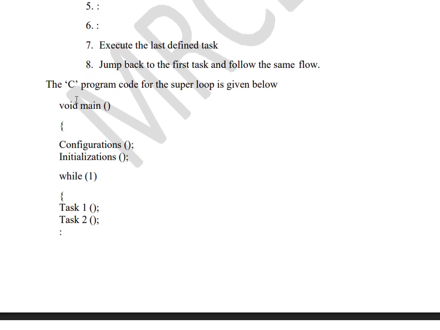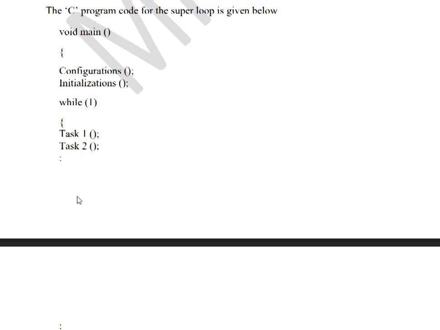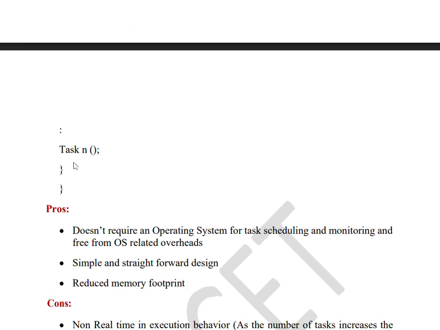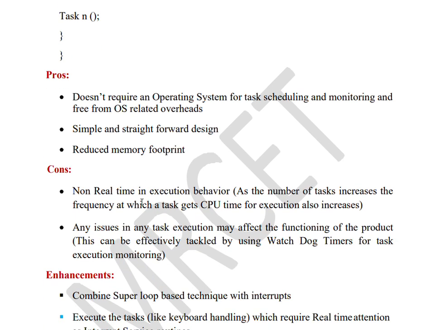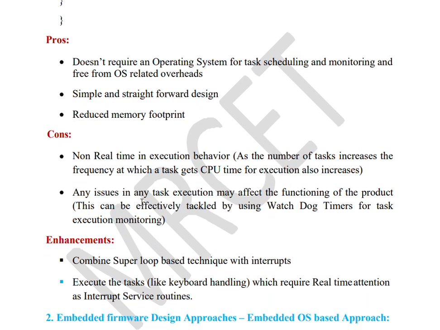This is the C program code for the super loop: a void main function, and inside that we have configurations and initialization. Here you can see while true, all the tasks will be executed till task n. The pros and cons would be: it does not require an operating system for task scheduling and monitoring, it is a simple and straightforward design, and it also reduces memory footprint.